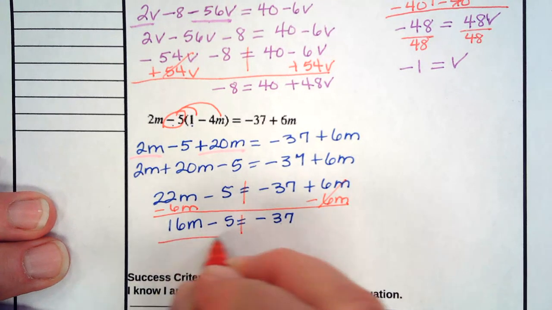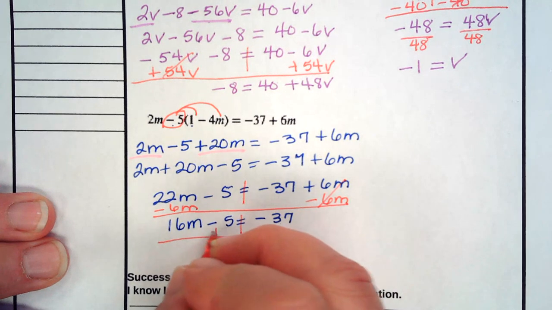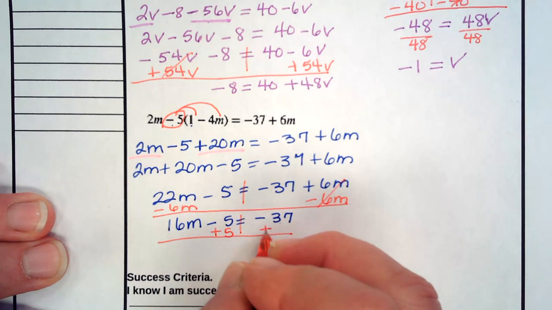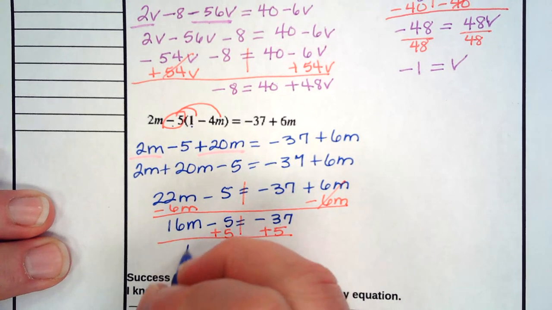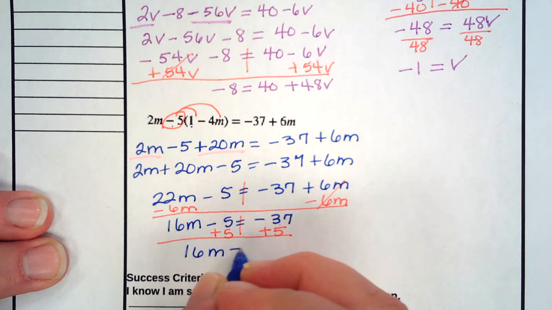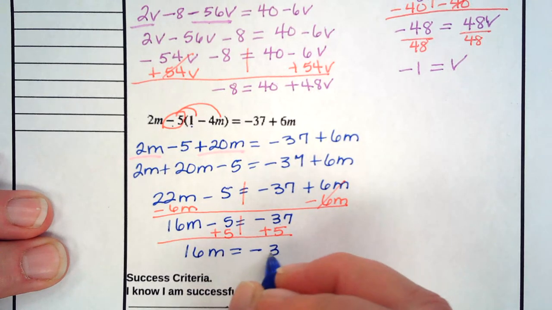I've got to get my numbers to the same side, so I'm going to add 5 to both sides. 16m is equal to negative 32.